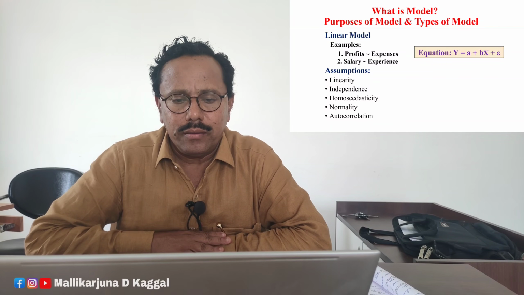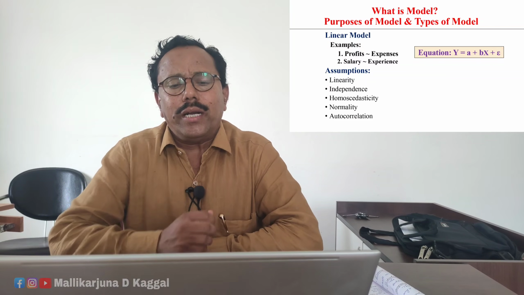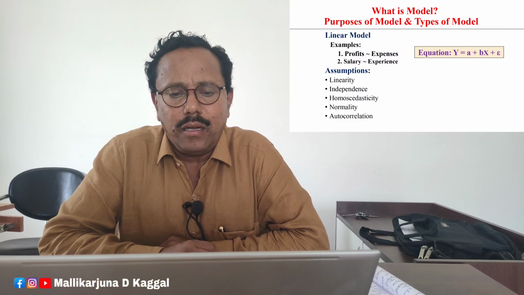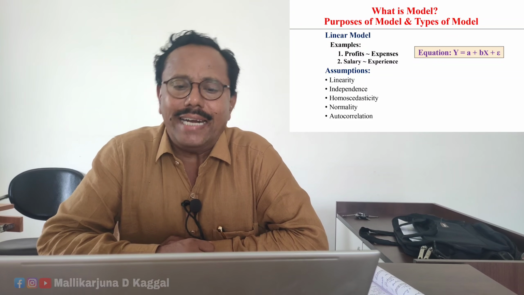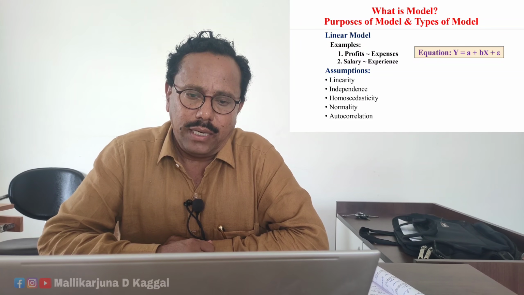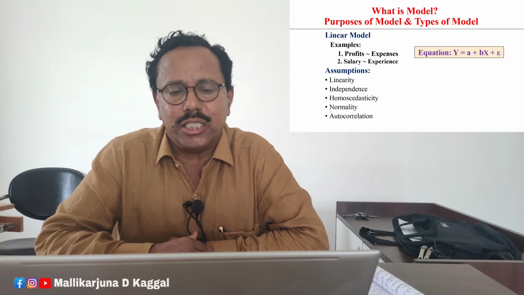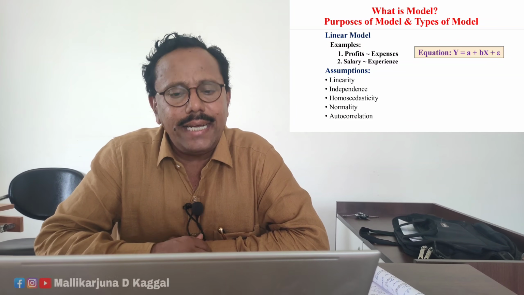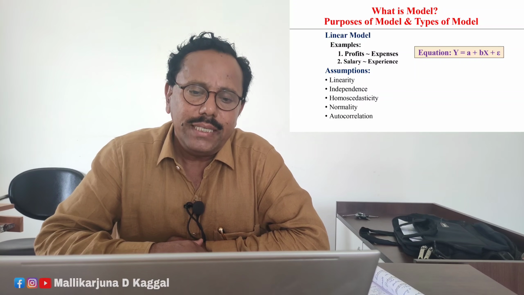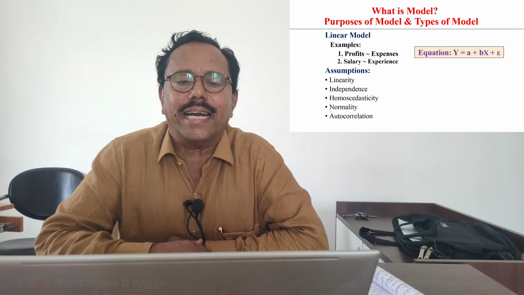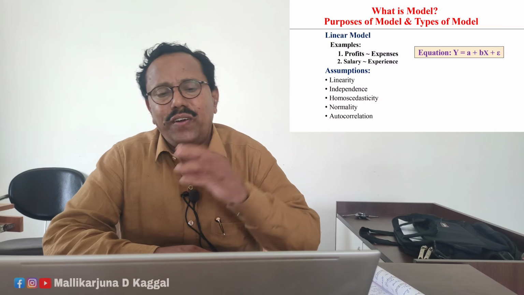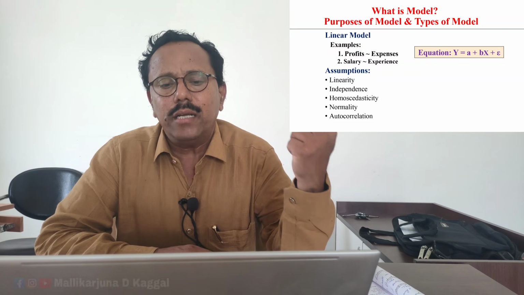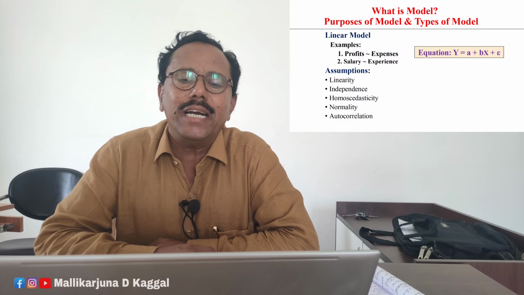What is a linear model? The linear model is one in which the parameters are constant and additive. It always has a straight line relationship. When the entire data is presented on a graph, it will be visualized as a straight line. It studies the effect of the independent variable on the dependent variable.